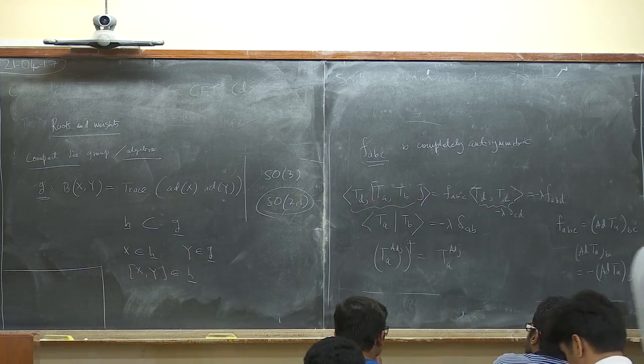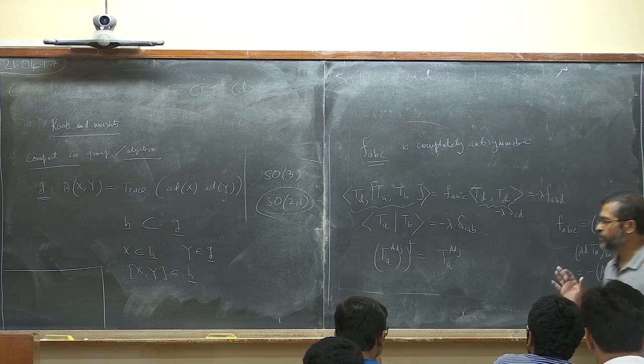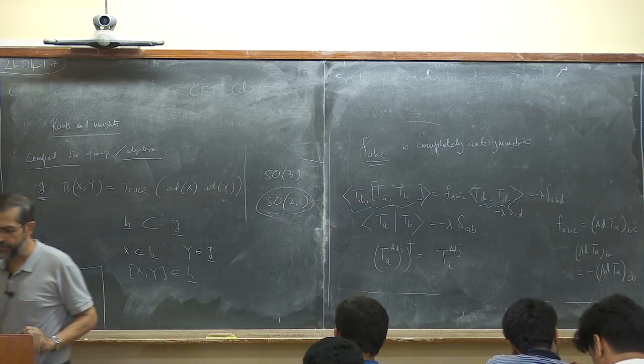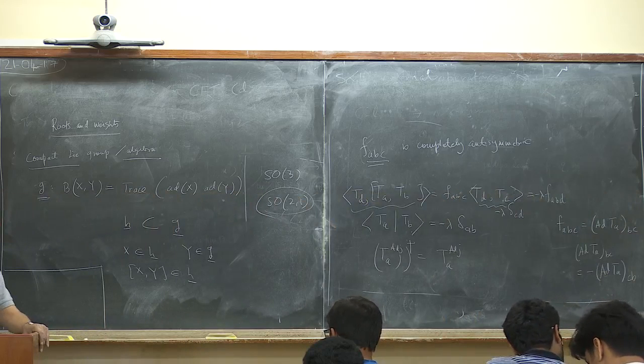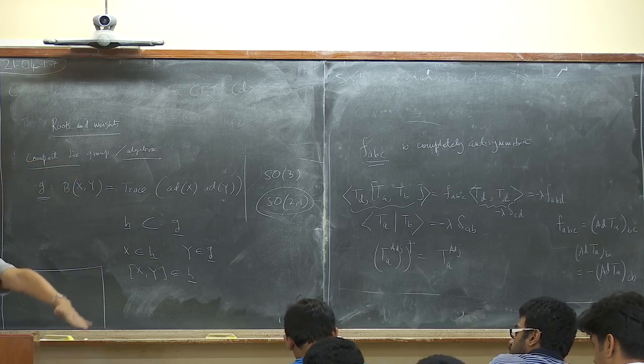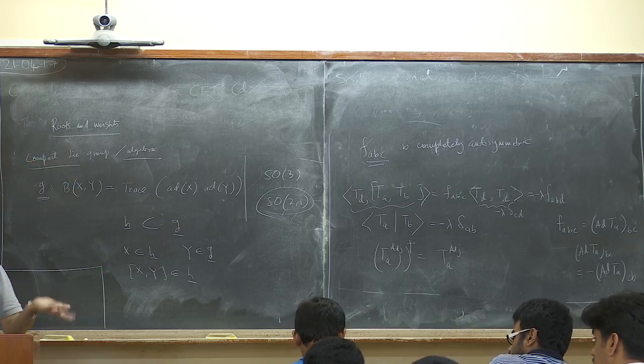So next time what we will do is to construct a representation of a compact simple Lie algebra by exactly the highest weight representation. It will start from somewhere and it will go all the way up to something by using lowering operators.